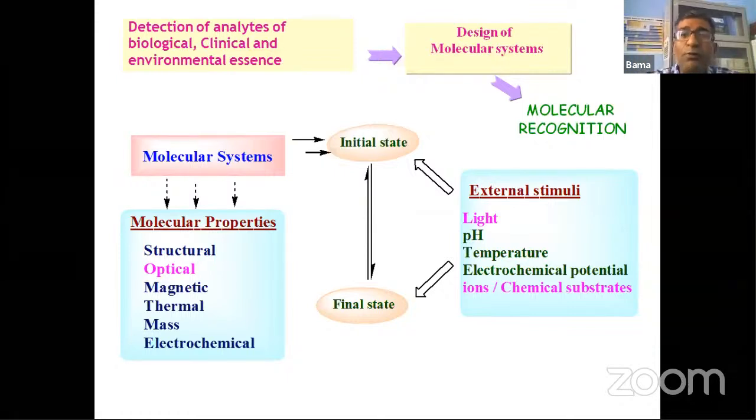And if we can measure quantitatively the change from initial state to final state, that serves our purpose of detection. In this case, I'll be talking about light and chemical substrates, and the molecular property that varies is the optical one, I mean the electronic one.